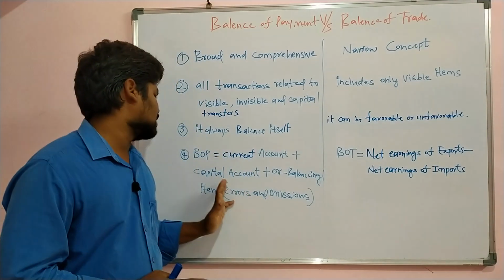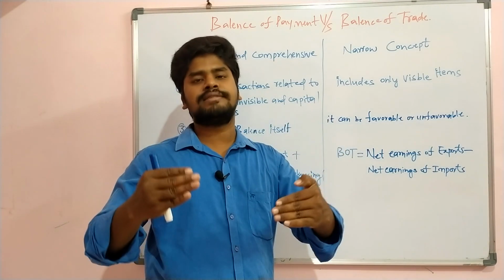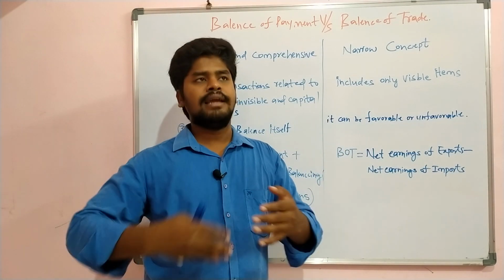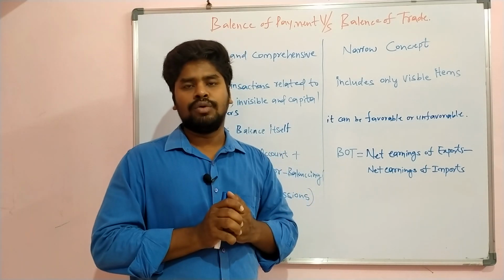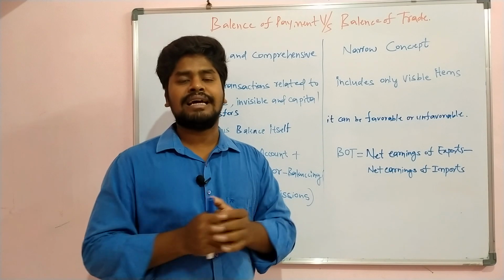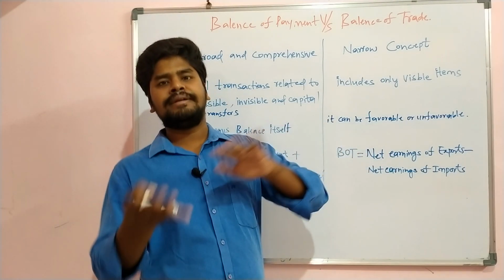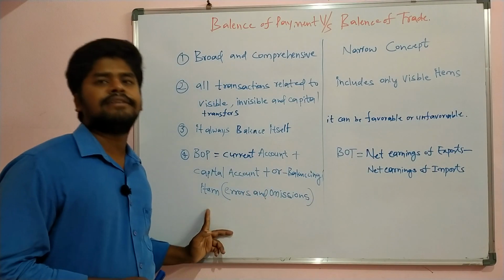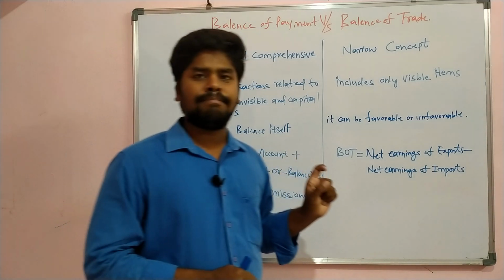These are the things that come under capital account. And balancing item, errors and omissions, means the mistakes made, for example, while doing transactions or making entries into the balance, whatever is left over. It is added as plus or minus, it may be credit or debit, and that is added as the balancing item, errors and omissions, which gives the balance of payments, right?